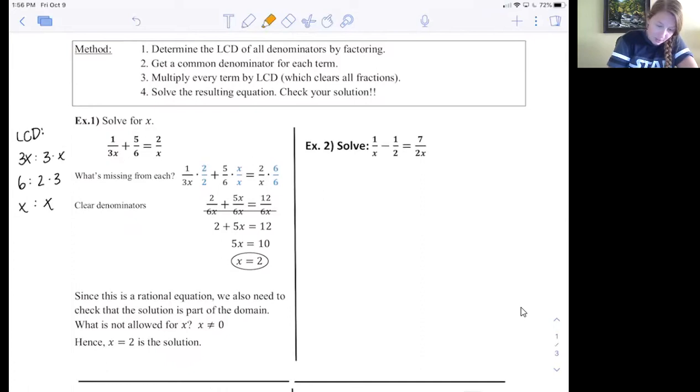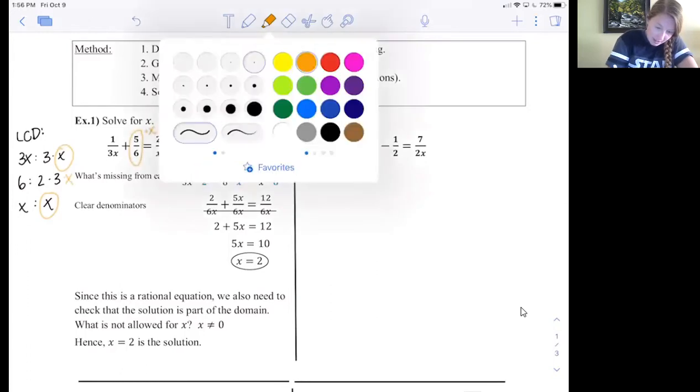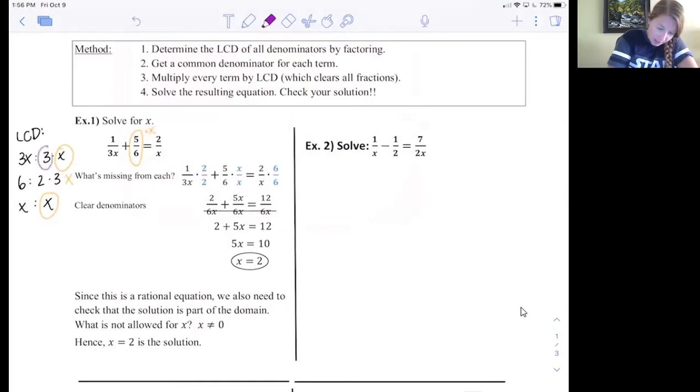So this has an x and this has an x. So this one's in need of an x. So this one right here, you're going to times by x. Then we've got a 3 right here and a 3 right here, so we now need to times this one by 3. And then what we have left is this 2, so we need to times this by 2.